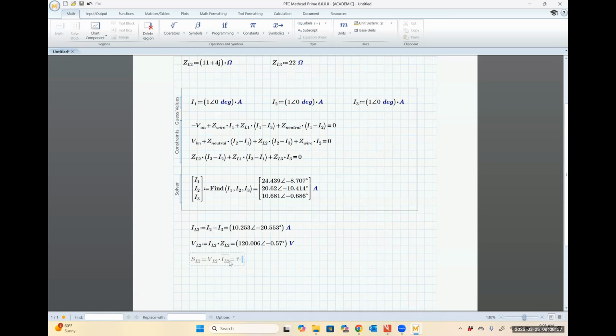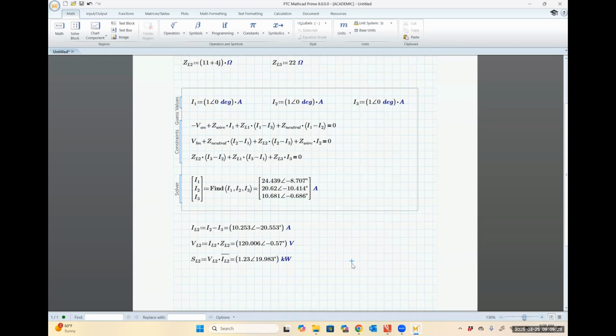And I get a result that is 1.23 times 10 to the 3 angle 19.983 watts. So it's going to use watts for everything, but we know that complex power is measured in volt amperes. Because I have times 10 to the 3, I'm going to put it in kilowatts. So 1.23 angle 19.983 kilowatts is our complex power.